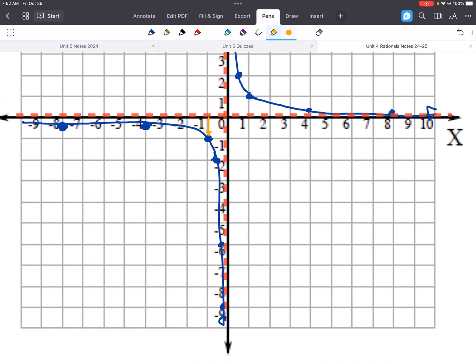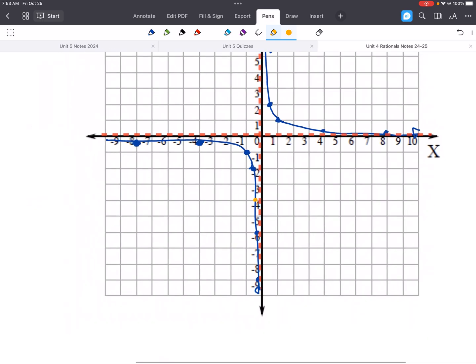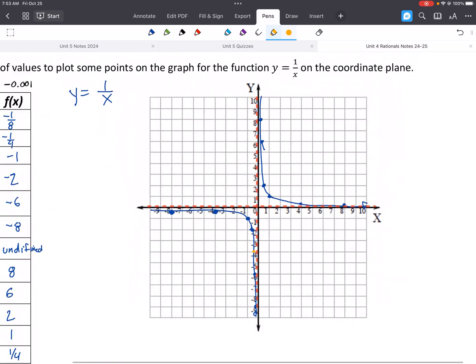Okay, and then as you get closer to 0, as we look here at -1, it gave us -1. If we plugged in a half, we ended up getting -2. If we did a fourth, we get a -4, should be right here. If we did -1/6, we would get -6, okay? So as you notice, as we get closer and closer to 0, these y values shoot down or shoot really high on the right side.